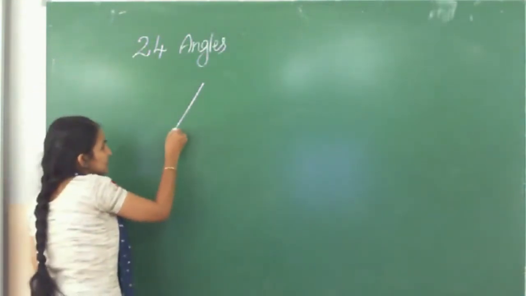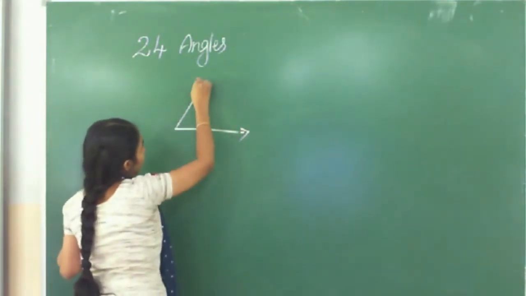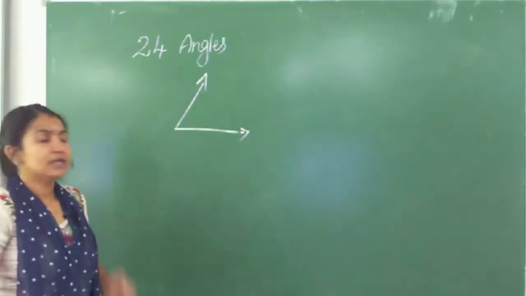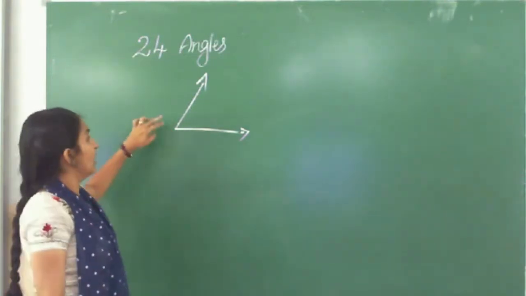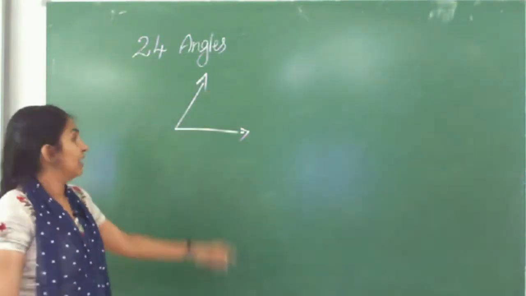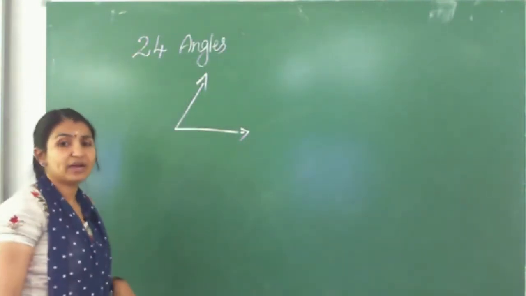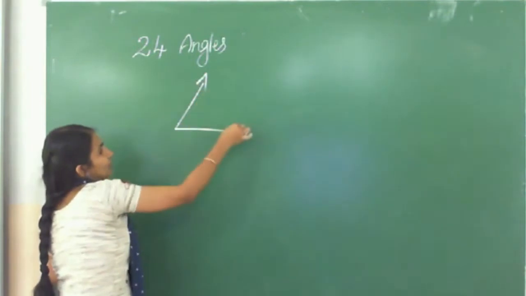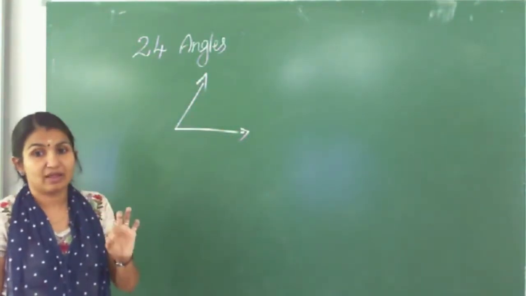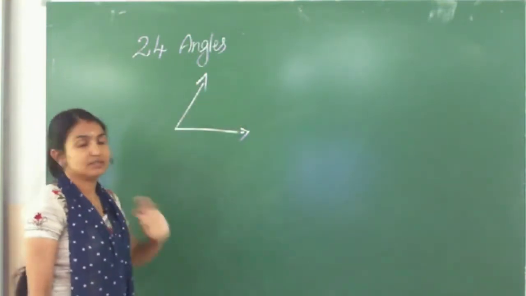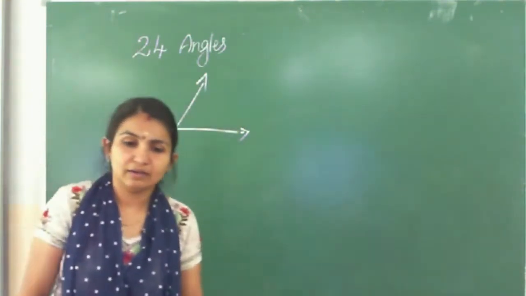So from the same fixed point, two rays are going. So whenever we are writing, try to write with these two arrows because it is a ray. So two rays, this one is called an angle.